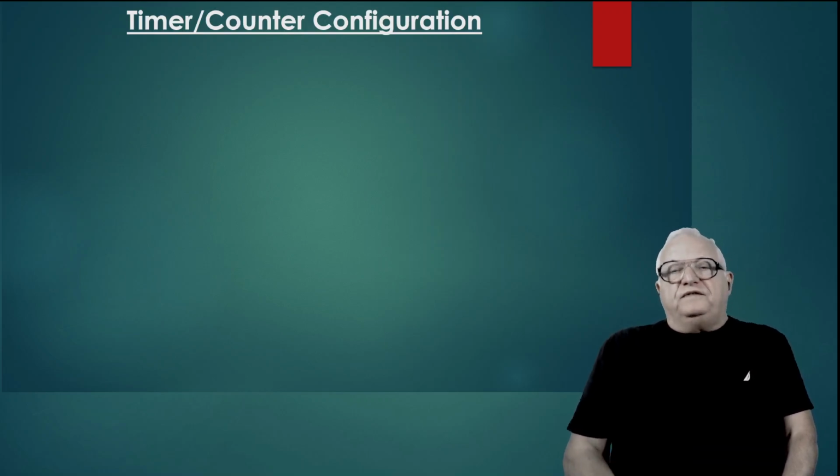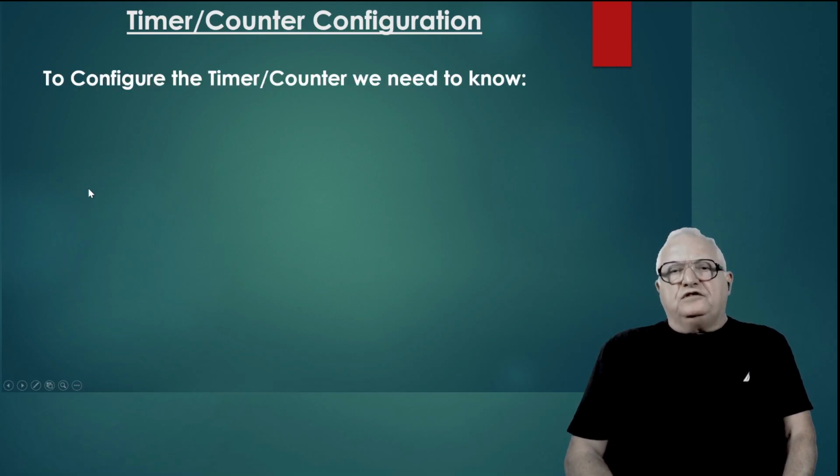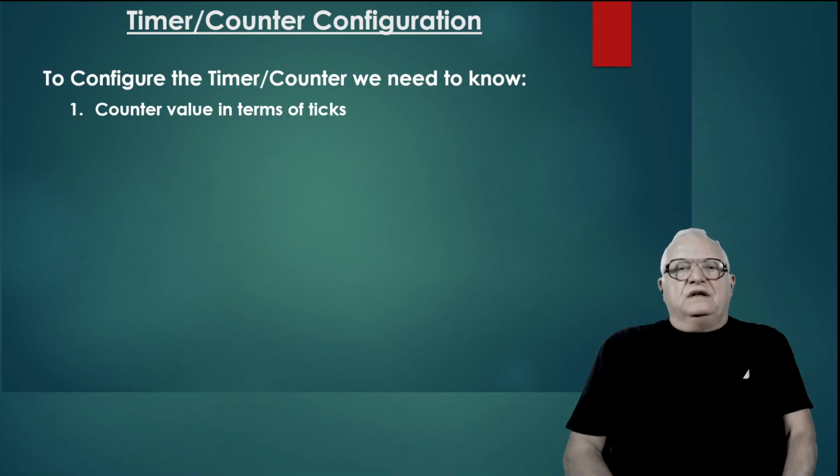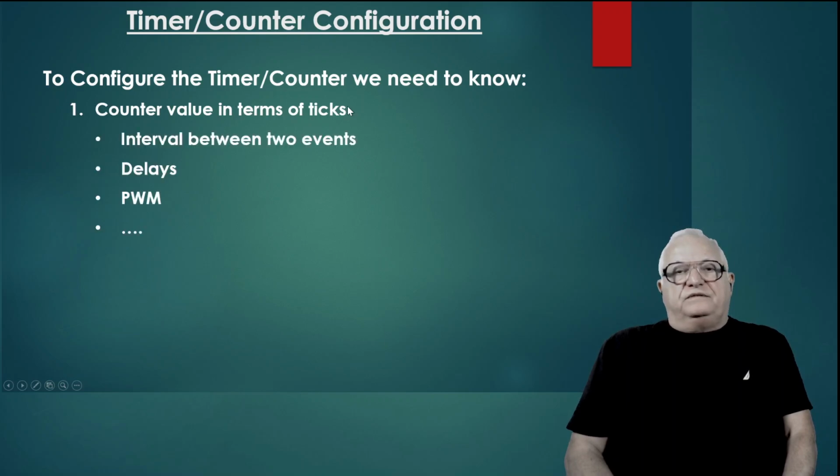So let's figure out how to configure our timer. To configure the timer counter, we need to know two items. The first one, we need to know the value in terms of ticks. For example, for the delay, if we want a 200 millisecond delay, we need to know how many ticks it takes to represent 200 milliseconds, and that's the number we need to use.